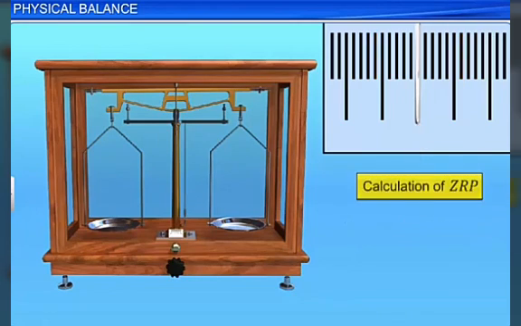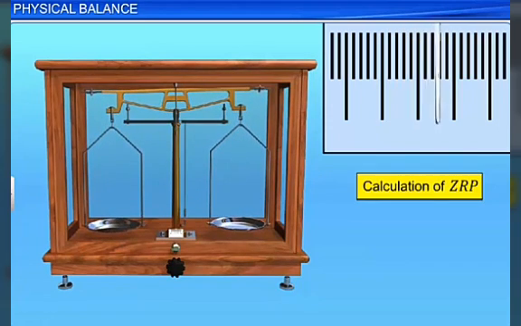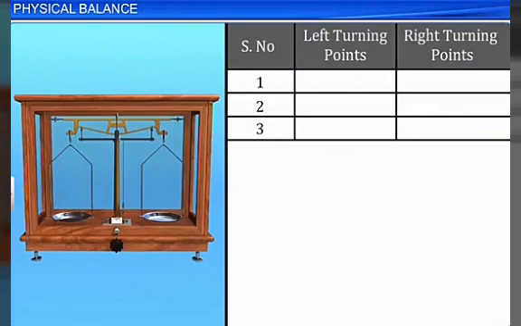To calculate the zero resting point, release the beam using the handle and allow it to oscillate twice or thrice. Then, note the successive values of 3 turning points on the left and 2 turning points on the right. Let the 3 readings on the left turning points be L1, L2, and L3.